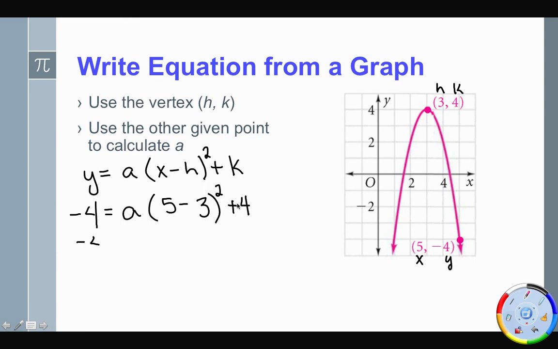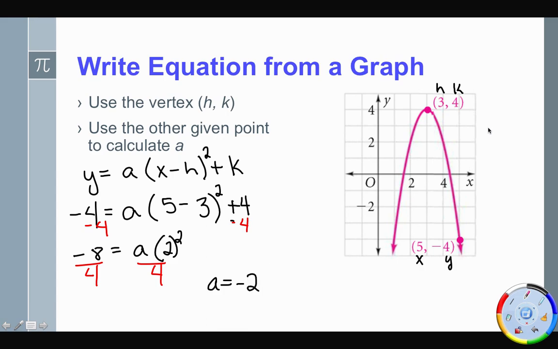If I subtract 4 from both sides here, I would get negative 8 is equal to a times 2 squared. 2 squared is 4, so if I divide both sides by 4, I get a is equal to negative 8 divided by 4, which is negative 2.